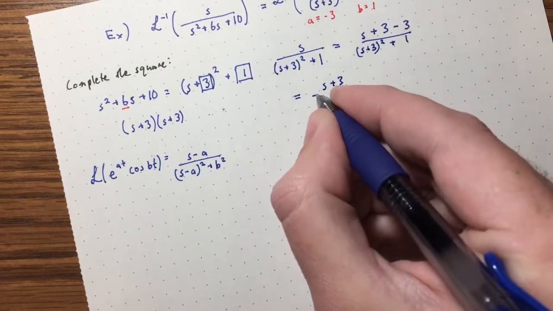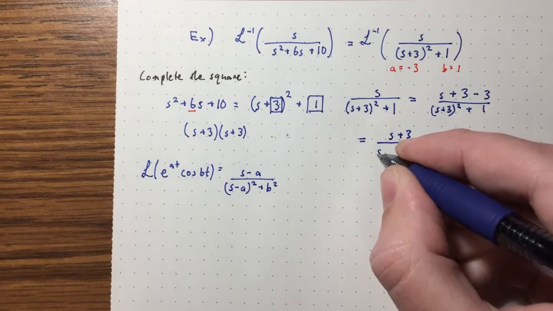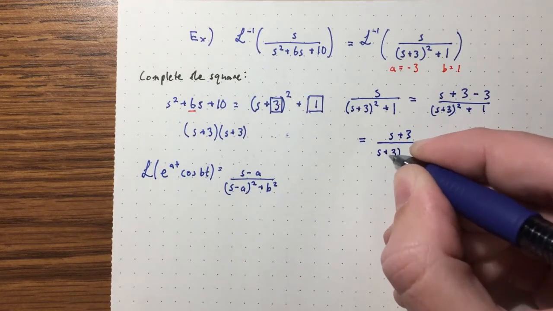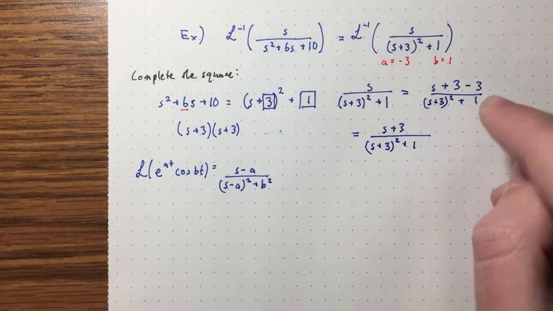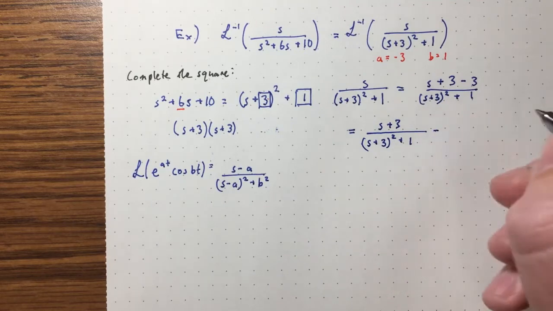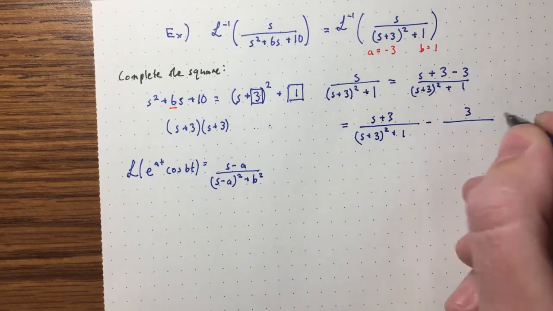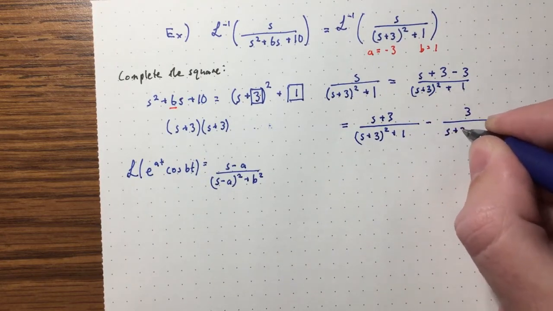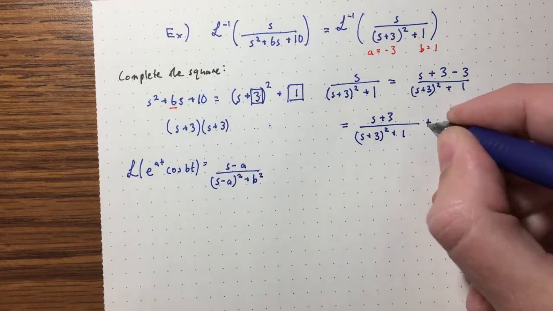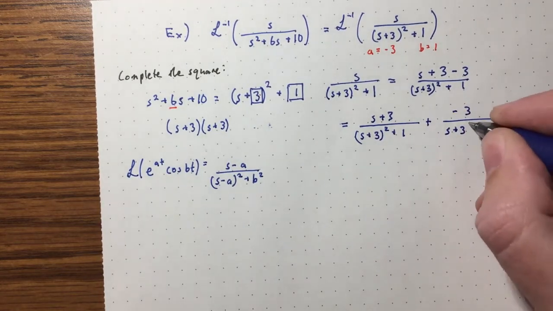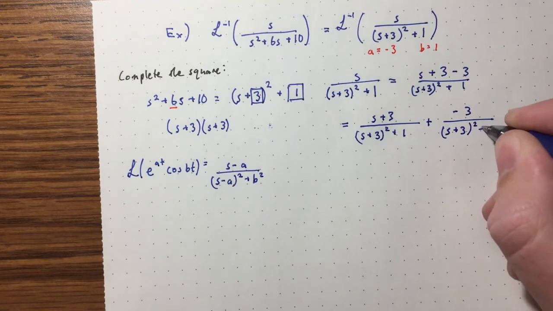I'll keep s plus 3 over s plus 3 squared plus 1, and then I have plus negative 3 over s plus 3 squared plus 1.